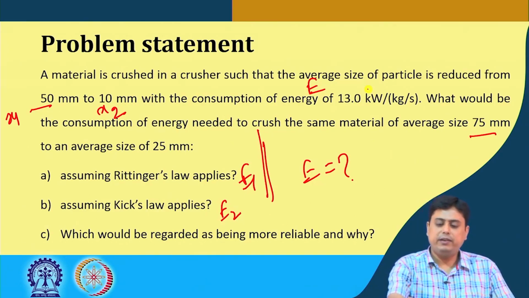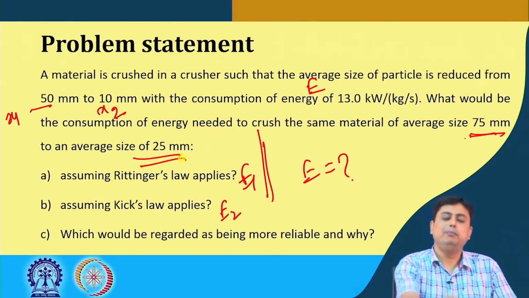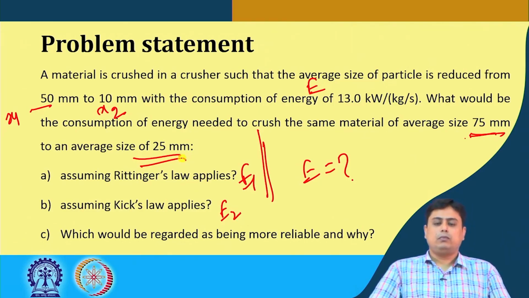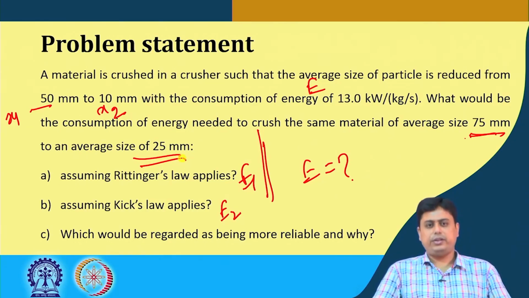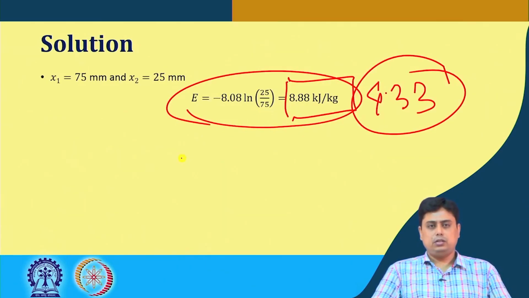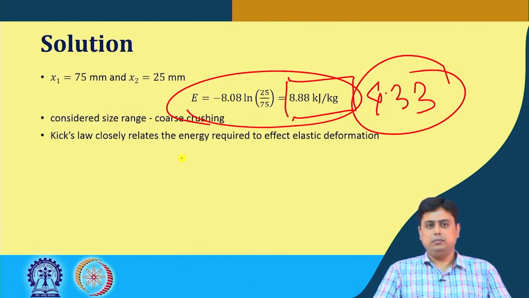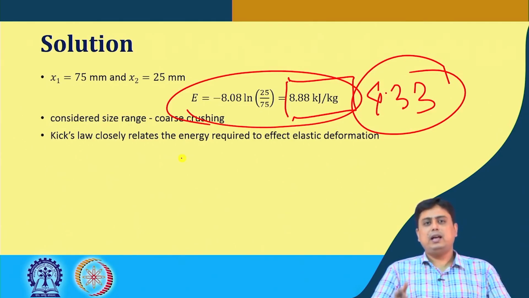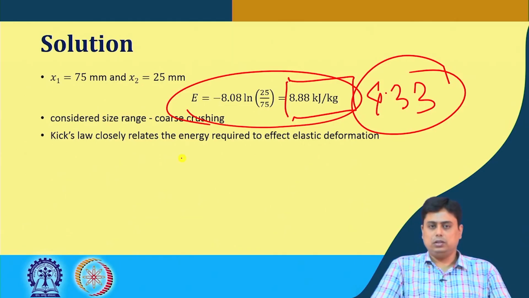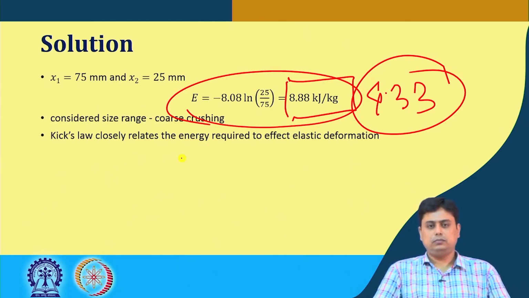From 75 to 25 millimeter, it is not considered as fine particles or generation of fine particles. It is a coarser grinding. That means the Kick's law prediction is much more reliable, because it closely relates with the energy required to effect the elastic deformation before the fracture occurs, which leads to finer particles.